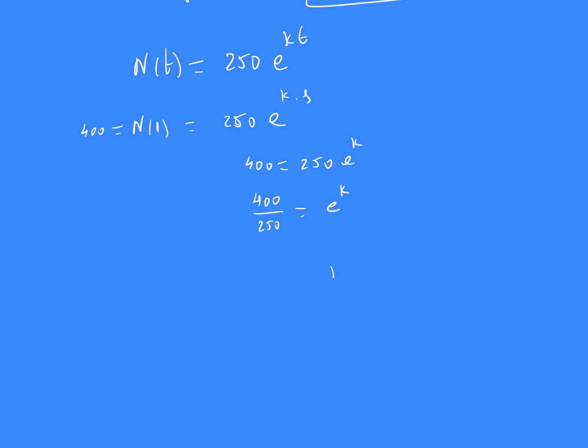If I take natural log on both sides of the equation, I will find that the k is the natural log of 400 divided by 250. This is the k. So what is the solution?